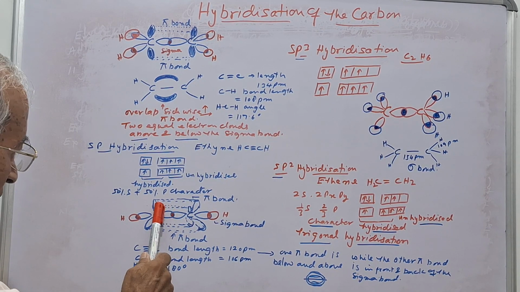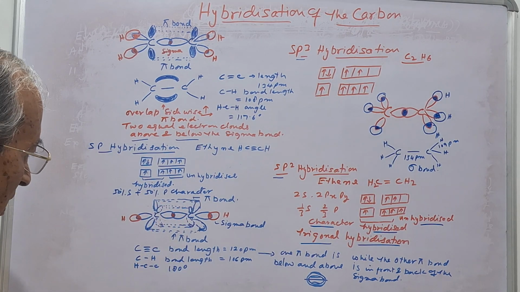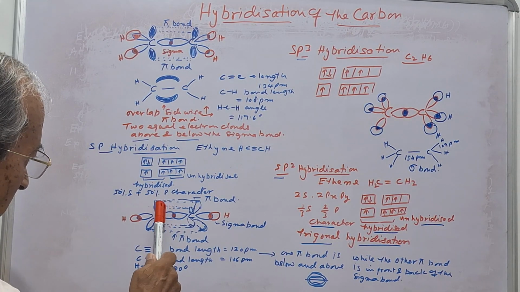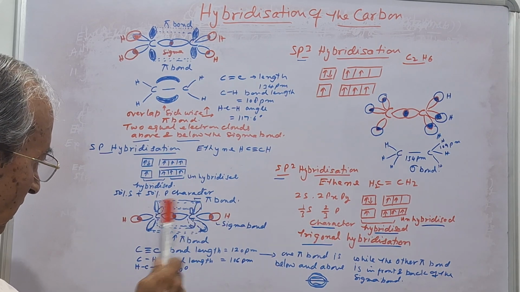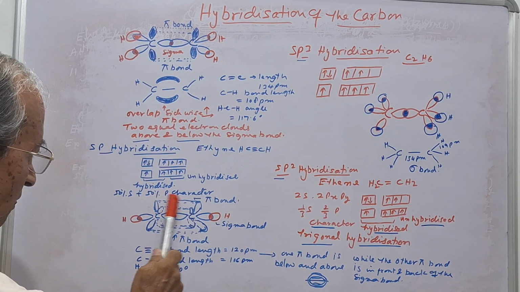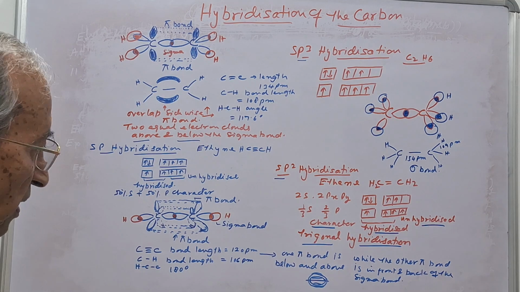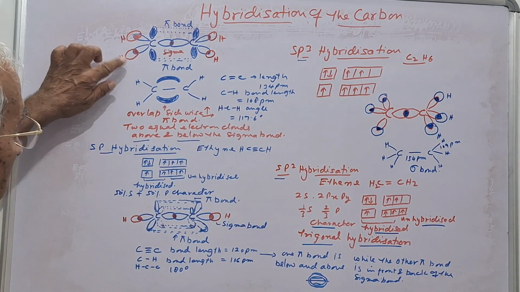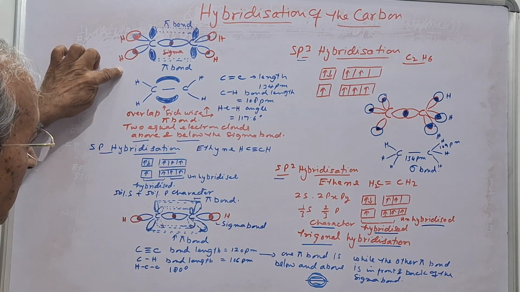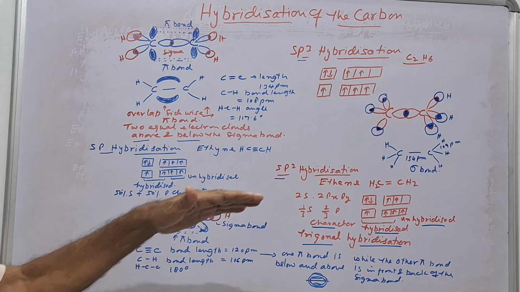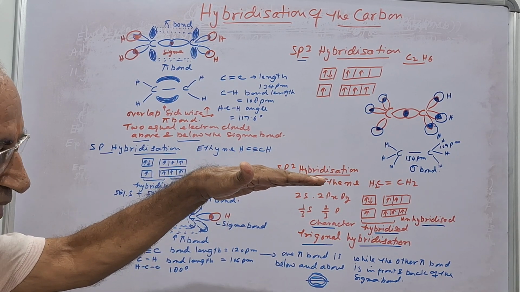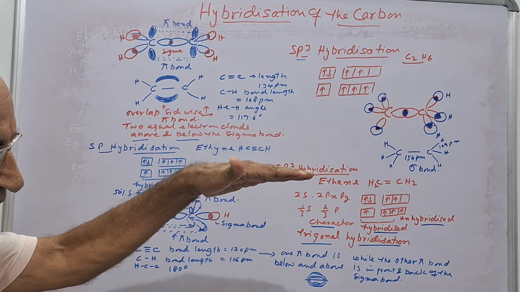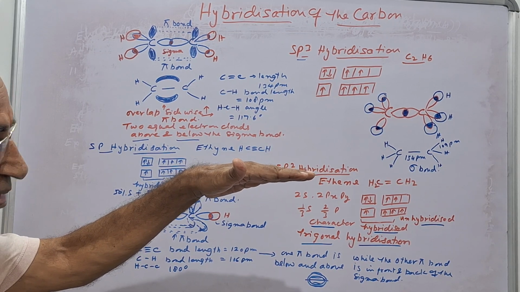The two unhybridized orbitals of the two different carbon atoms overlap laterally or sidewise to form the pi bond. Here, in the case of sp2 hybridization, this cloud is just like this, below and above the sigma bond.